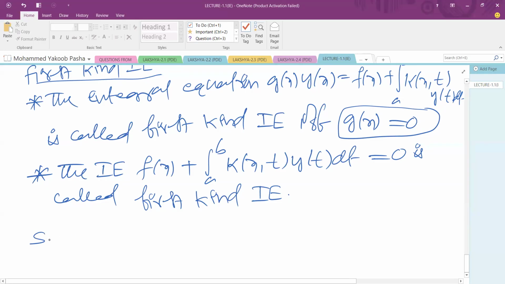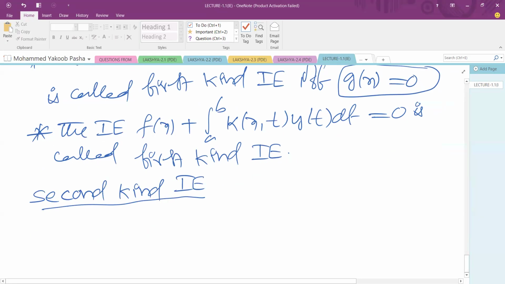Similarly, second kind integral equation. In a second kind integral equation, g of x is equal to 1.